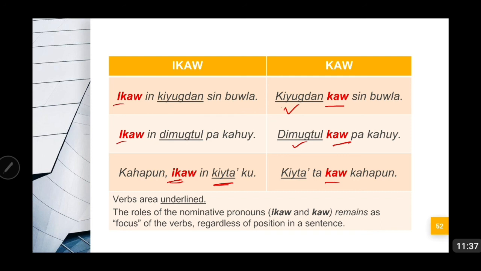Ikaw here appears at the beginning of the sentence. Compare it to this second example, kyugdan kaw sinbola. We use the same verb kyugdan, but because the pronoun appears after the verb, we use the kaw form. But if we use it at the beginning like this, we use the ikaw form. Same goes with these other examples.